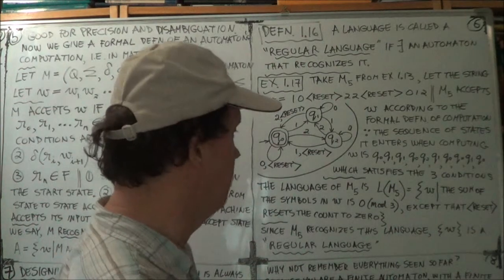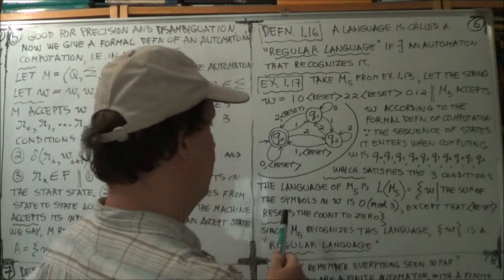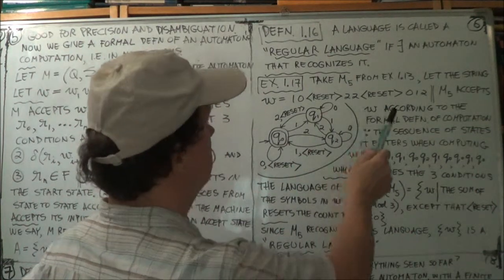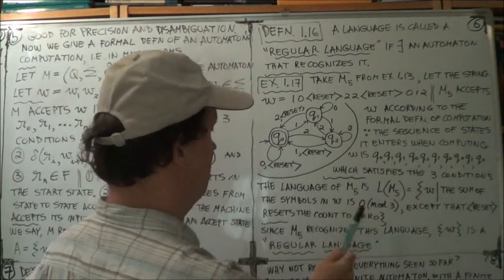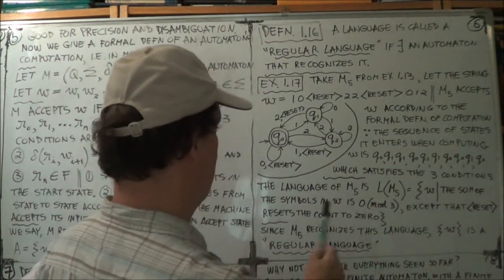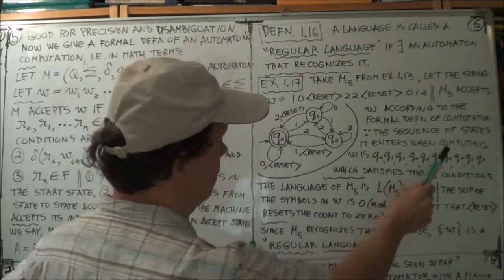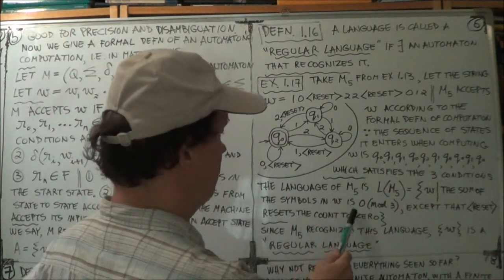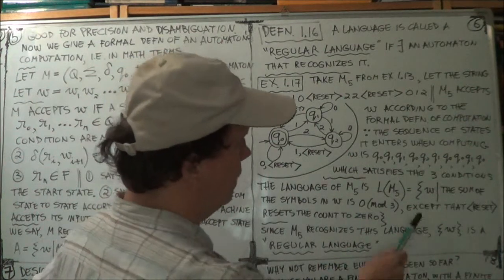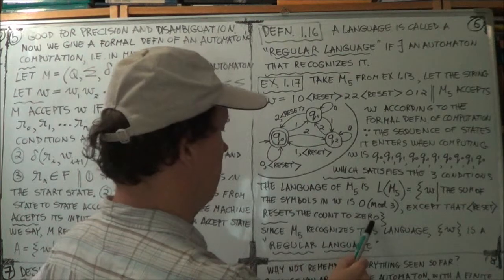Let's describe it. It's the set of all strings W such that the sum of the symbols 0, 1, 2 in W is 0 mod 3, except that reset resets the count to 0.